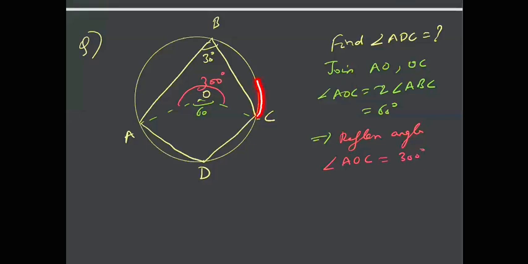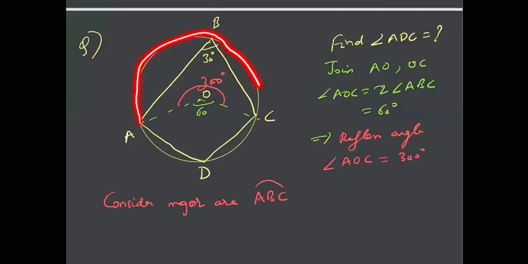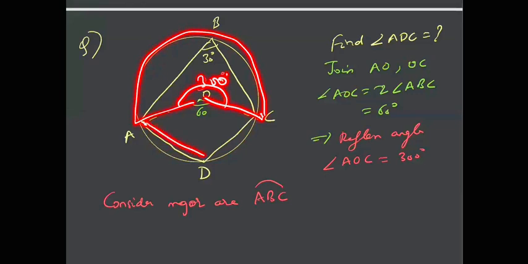Now consider this arc. Let us say this is the major arc. So consider major arc ABC. Okay, major arc means this one, the bigger one. So this is the minor arc, this is the major arc. So this arc subtends 300 degrees at the center, right? So at the remaining part of the circle, this will subtend half of this.